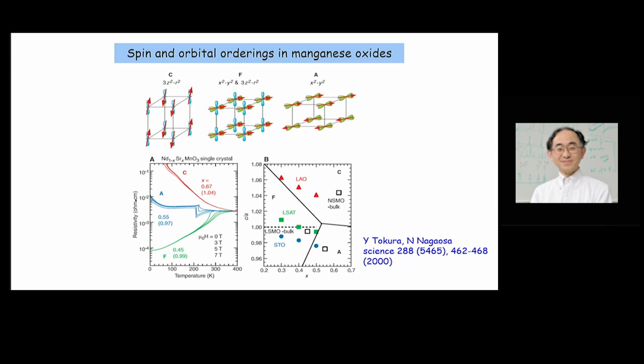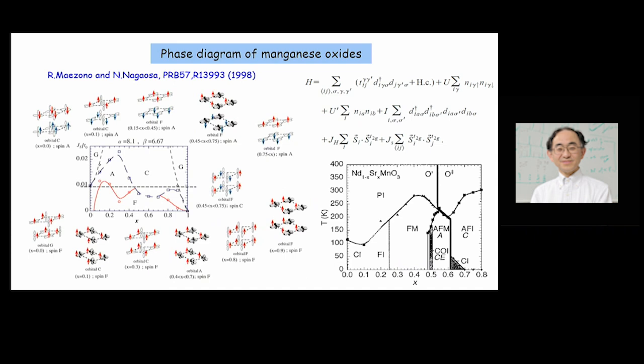So this shows the different types of magnetic and orbital ordering. This kind of magnetic and orbital ordering can be controlled by the thin film strain and also the doping concentration. And for the bulk materials, this is a typical phase diagram, doping strontium.